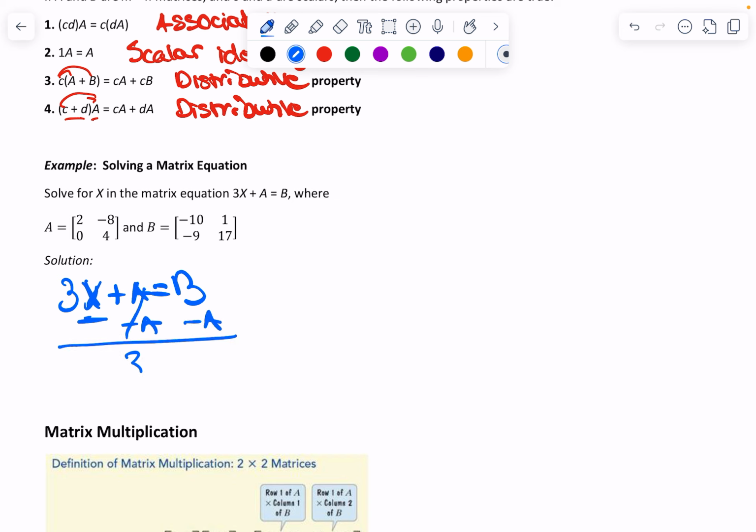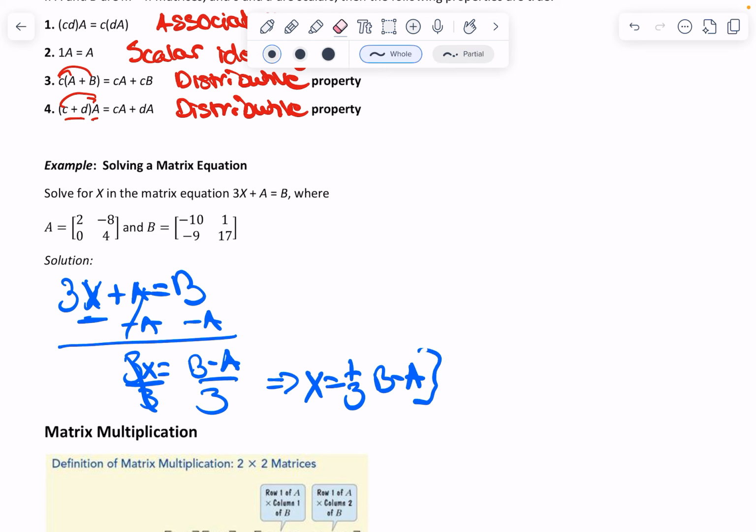So we get 3X equals B minus A. We are dividing by 3. So X is going to be 1/3 times B minus A. Like this.